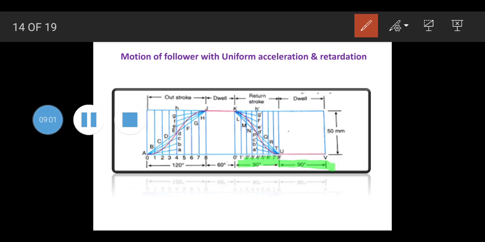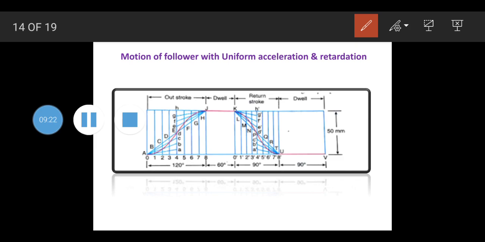So we will mark these points, that is A, B, O dash, A, B dash and V points, and we will extend this line upward so that we create a box like this for the outstroke, the return stroke and the dwell.